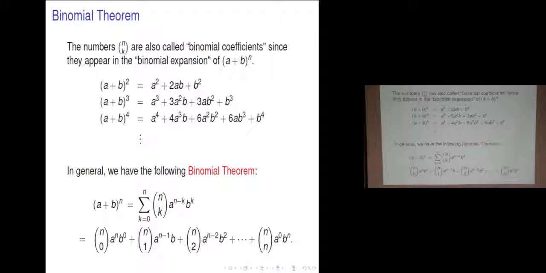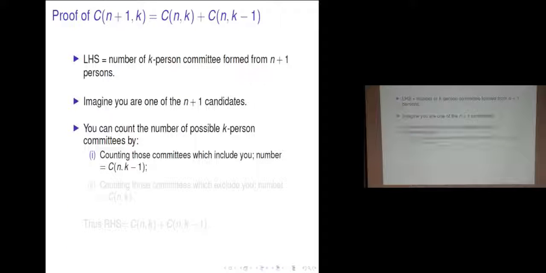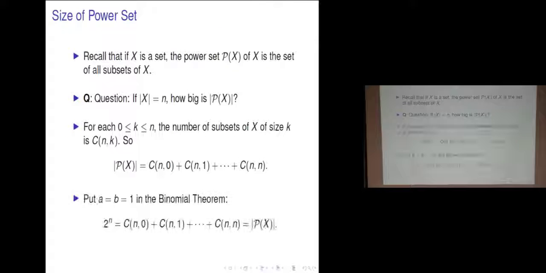So it's just n choose 0, n choose 1, n choose 2, all the way to n choose n. Remember that n choose 0 is the same as C(n,0). So 2 to the n is the sum of all these n choose k. So we get that the size of the power set is 2 to the n. That probably explains why it's called the power set. It's like raising the power.